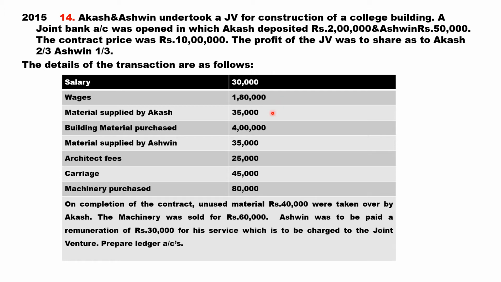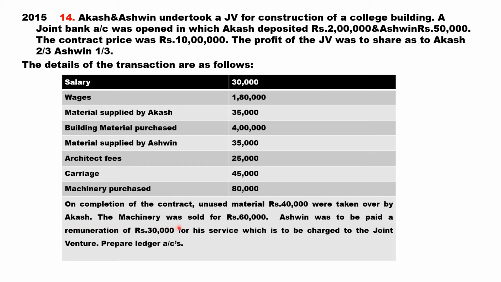Material supplied by Akash 35,000. Building material purchased 4 lakh. Material supplied by Ashwin 35,000. Architect fees 25,000. Carriage 45,000. Machinery purchased 80,000. On completion of the contract, unused material of 40,000 was taken over by Akash.